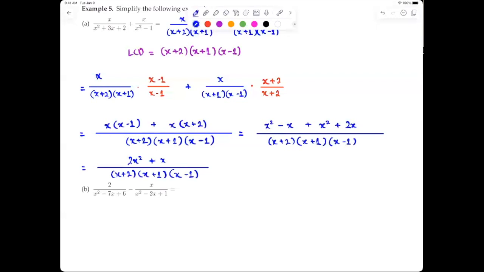So x is the common factor now. So you do x times 2x plus 1 all together divided by x plus 2 times x plus 1 times x minus 1.